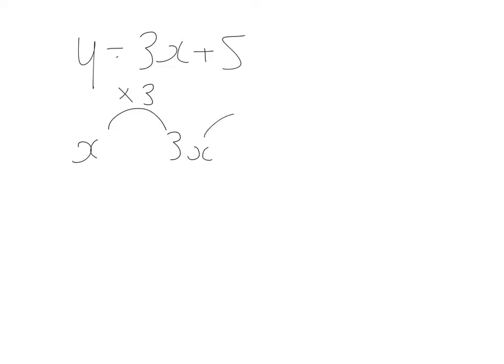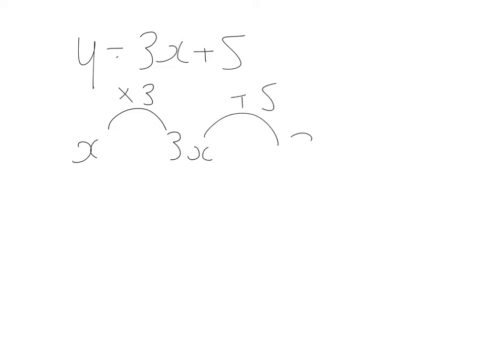Okay, we're just going to have a quick look at inverse functions. So, for example, what is the inverse function of 3x plus 5? If we think about it, the inverse function is basically working backwards. So, to build this function up, we start with x, times by 3, we get 3x.